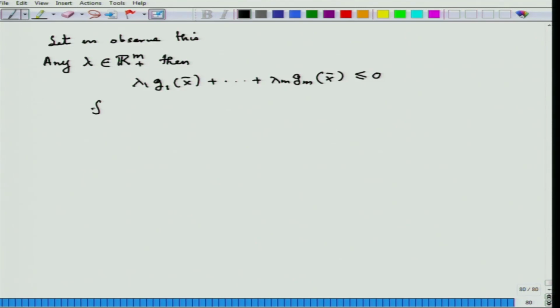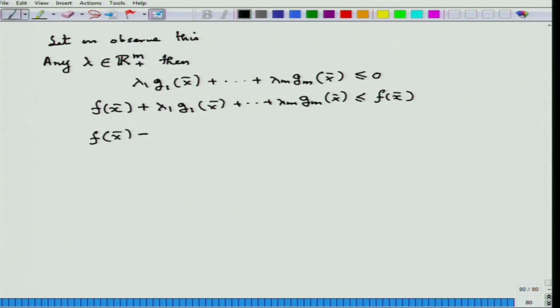So, this would imply f of x bar plus lambda 1 g1 x bar and so on. Now, you add f x bar on both sides. Then you can say, how do I make them look alike? I can add 0 again and put 0 as the complementary term.